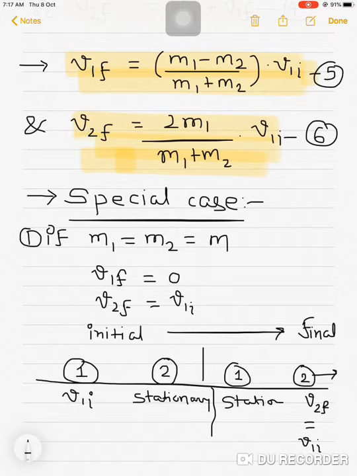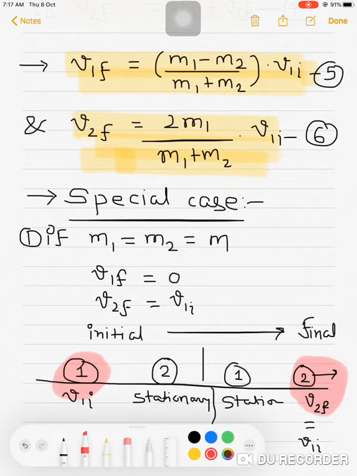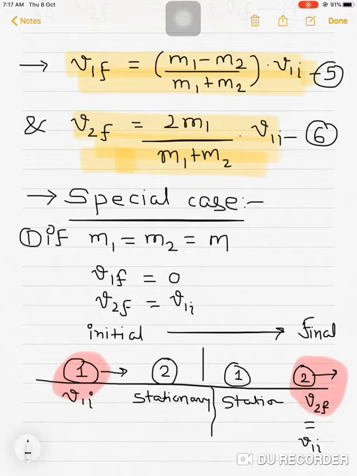So the velocity of 1 becomes the velocity of 2 after the collision. If both masses are equal, object 1, which is initially moving with speed v1i, will stop at the final stage, and the object which was stationary starts moving with the speed of object 1. So this is the interesting case.